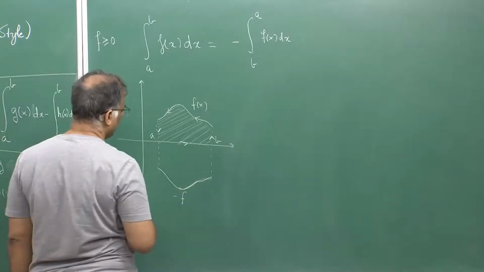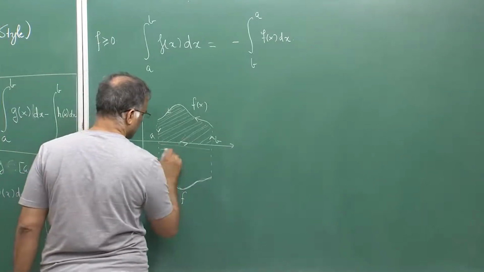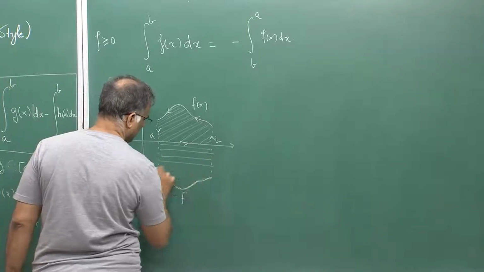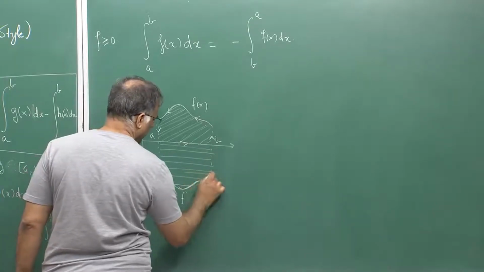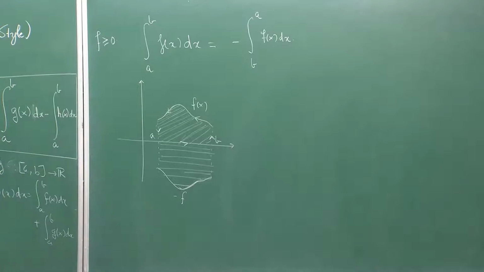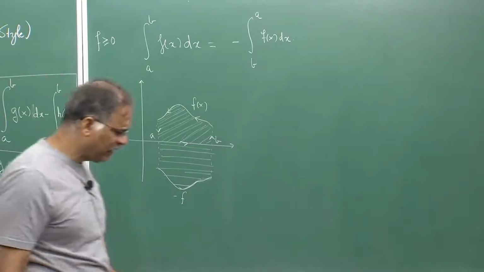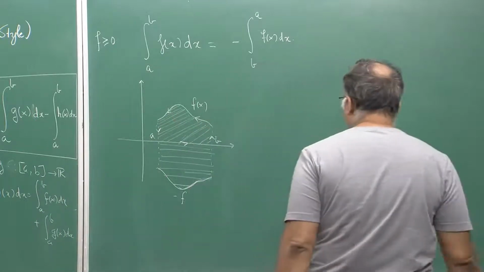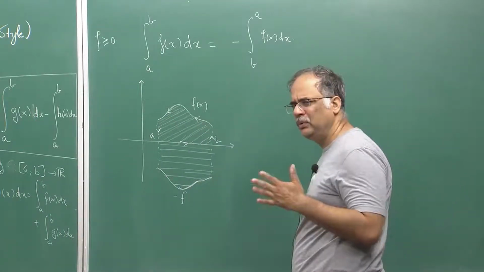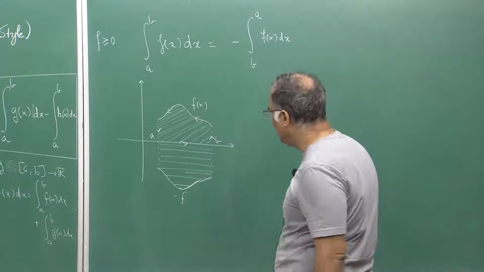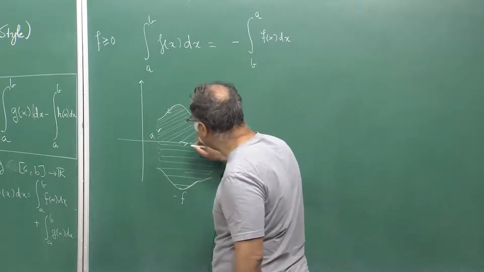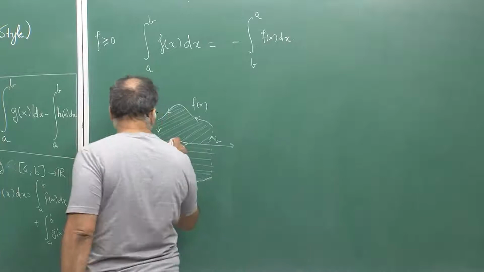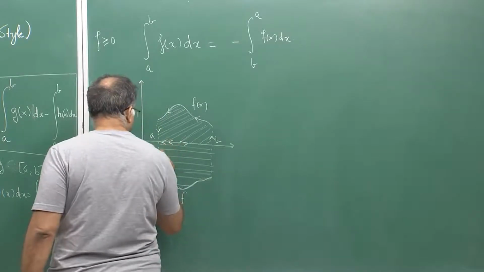So, this is nothing but minus f. So, now I write the area in this way. Now, if I want to say that the area is non-negative, when will I consider this area non-negative? If I start walking on the boundary in a counterclockwise direction, means here my walking direction should be this.